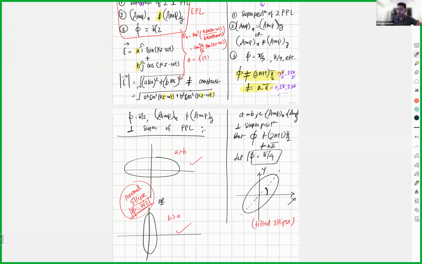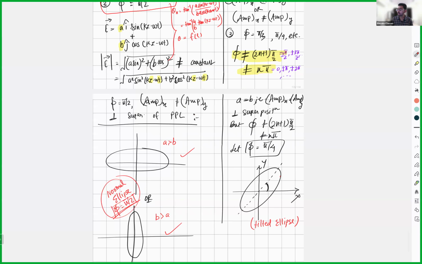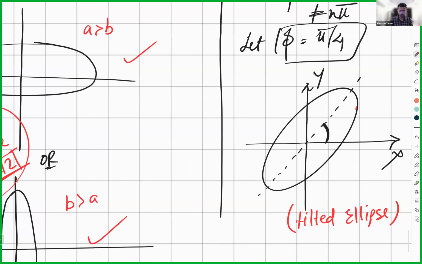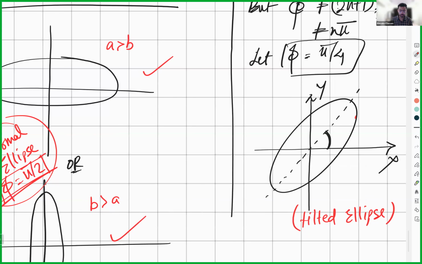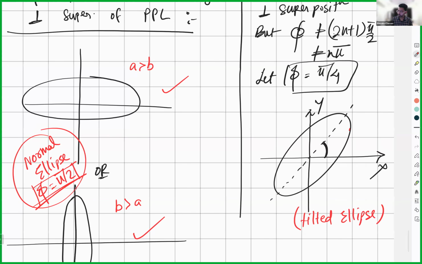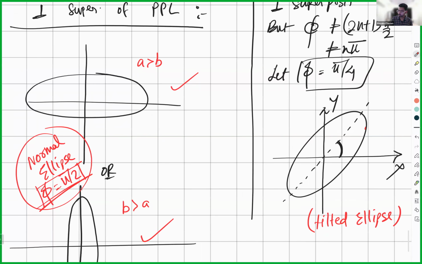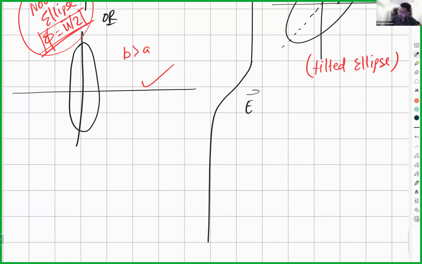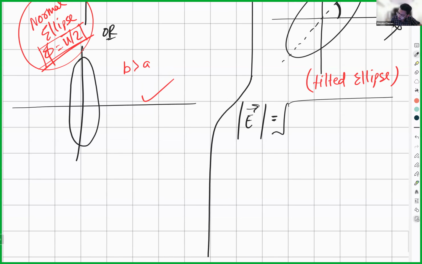Now here also my magnitude should not be constant. If it becomes a constant, it should become circularly polarized light, right? Let us see what the magnitude comes. So magnitude of electric field, Ex square plus Ey square.